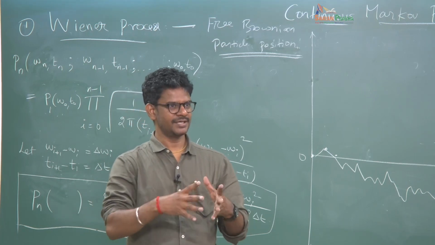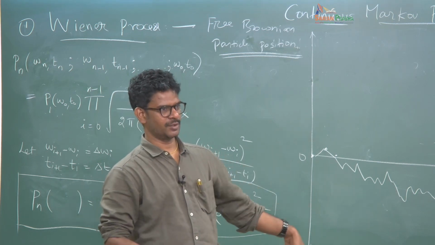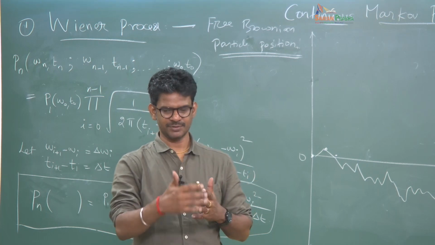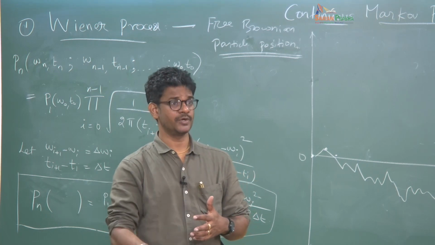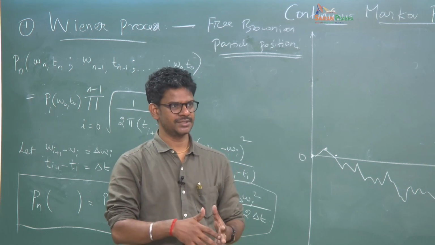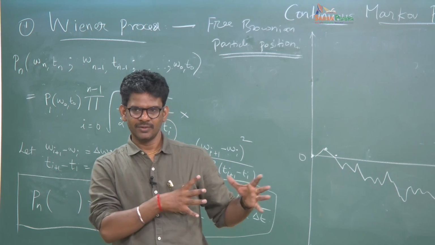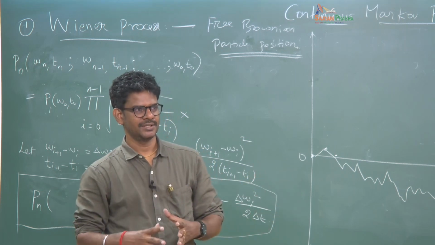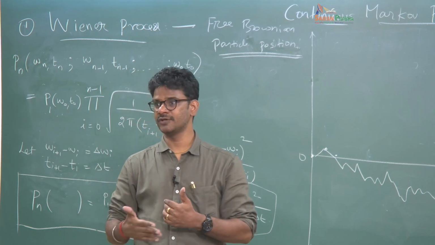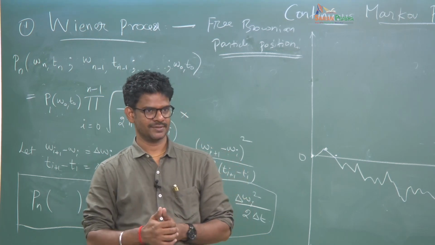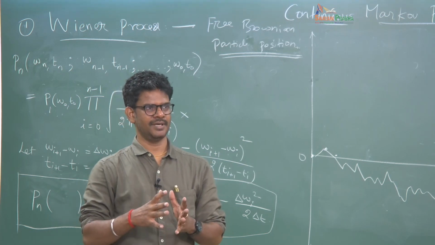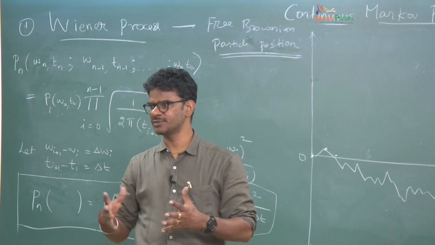We are getting the entire distribution function itself from the Fokker-Planck equation. Till now we have been looking at only the mean position and the mean square displacement, through the chemical master equation or through the Langevin equation. We looked at only statistical properties. Only using this Fokker-Planck formulation are we able to get the full distribution function for the evolution of the Brownian particle position. So this is the very basic, the first example of a continuous Markov process.